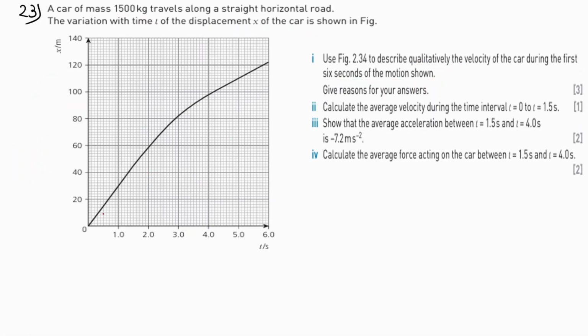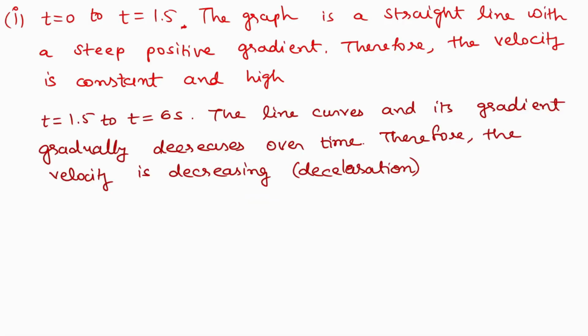You can clearly see that for the first seconds the graph goes straight, which means velocity is constant throughout this, about 3 seconds I would say. And then it bends like this. You can see the bent curve here.